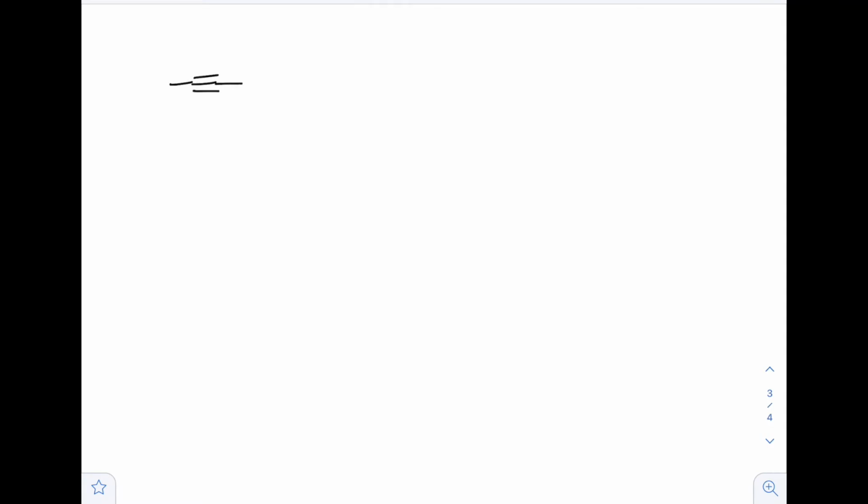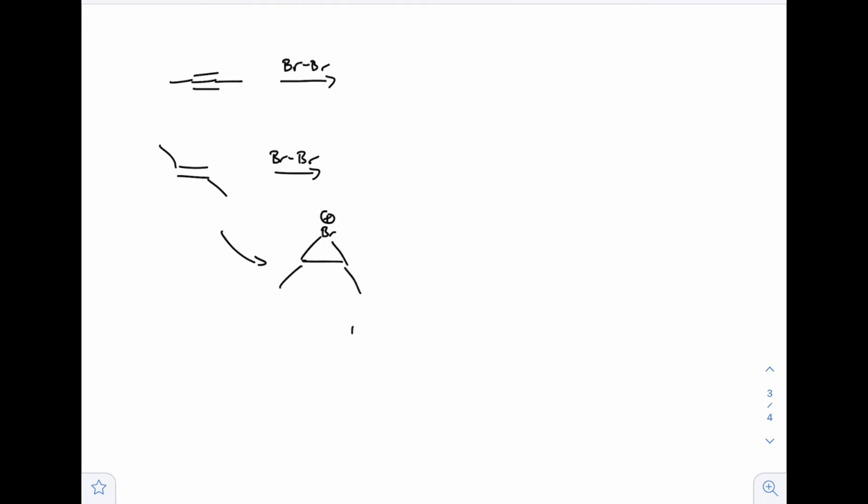and so let's try this reaction right here. This is the halogenation reaction, and so what we're doing is adding elemental bromine. In this case, we could add elemental chlorine as well, but remember in the alkene addition we had that bromonium ion or the chloronium ion, so that's why we can't use iodine, because iodine's too big and it just really can't form that 3-membered ring, and so that's why it's only chlorine or bromine in this case.